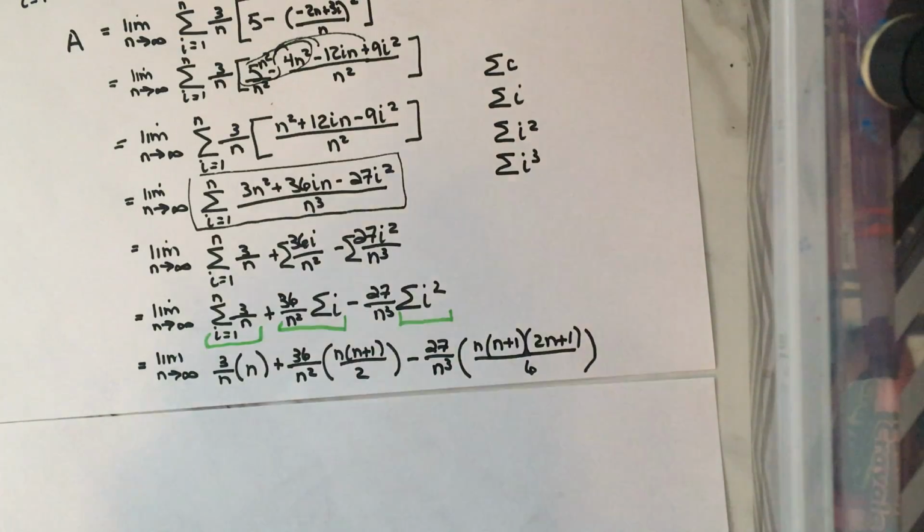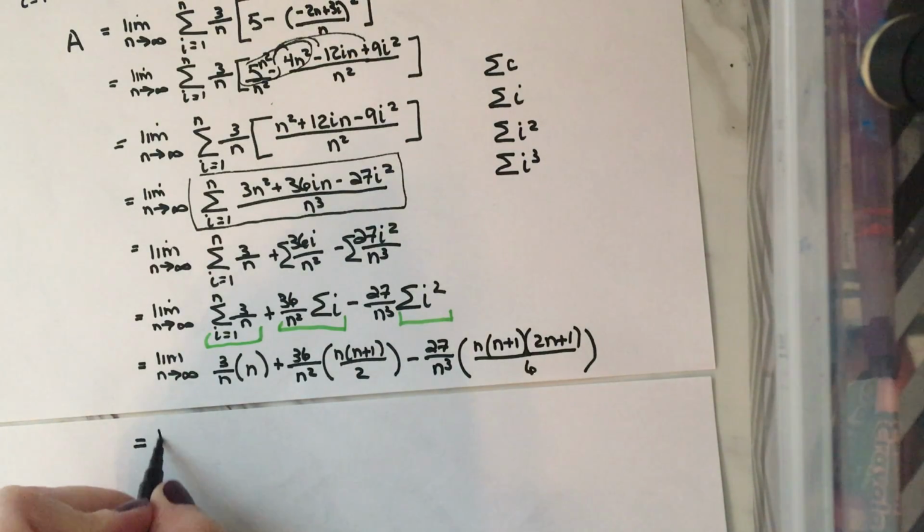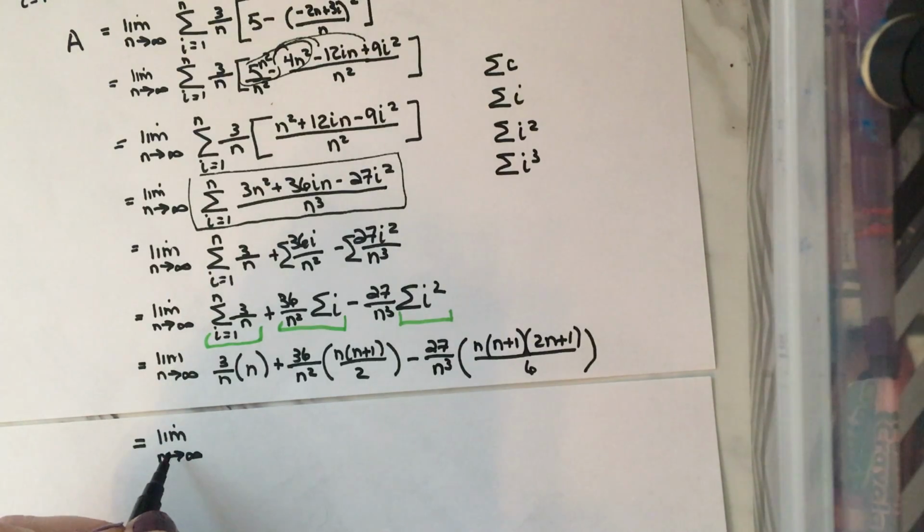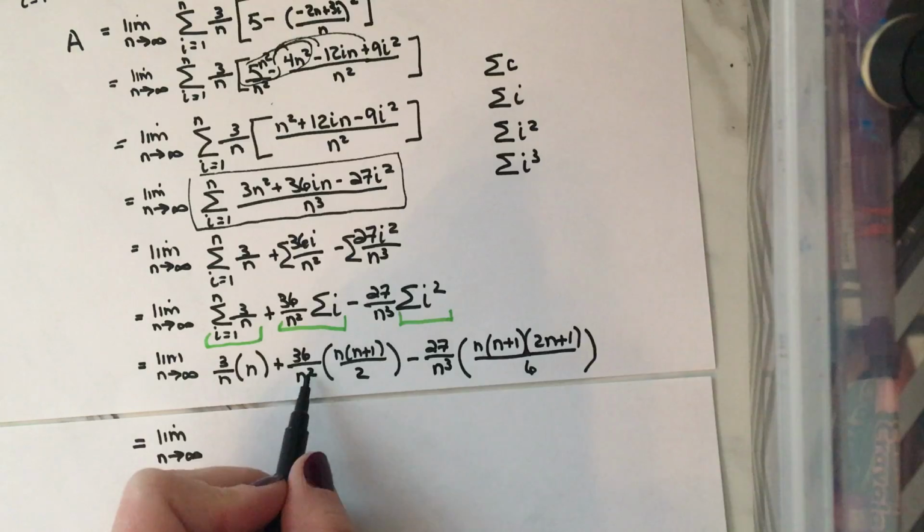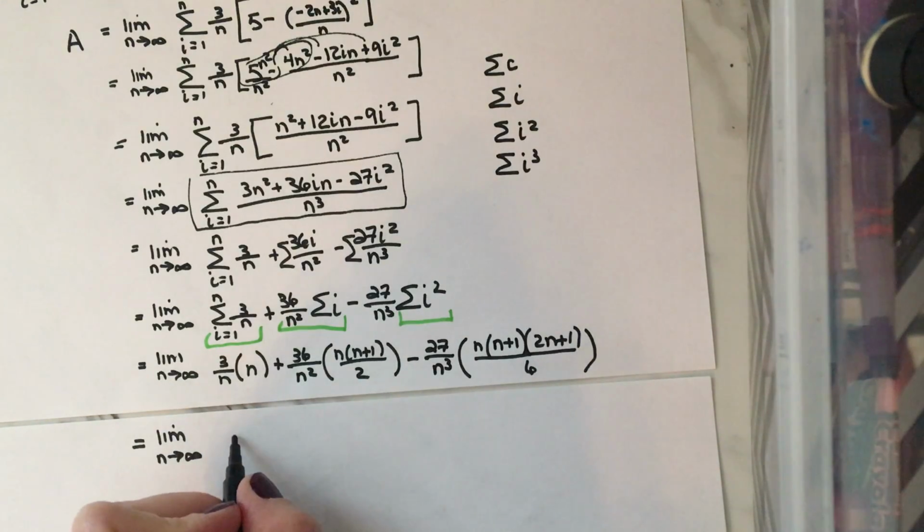Last things we need to do is clean these up and we can evaluate our limit. Remember, to evaluate a limit, the easiest way to do it, if we can, that's an approaching y value, is just plug in. But I can't plug in with the way that it is now, so I reduce things. I clean them up. That's going to become a 3.